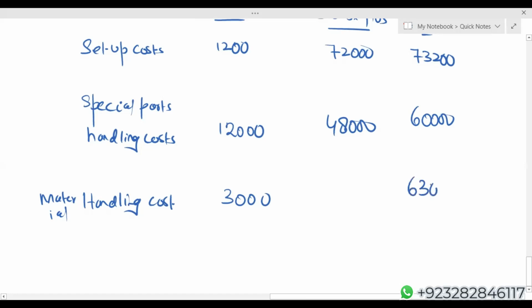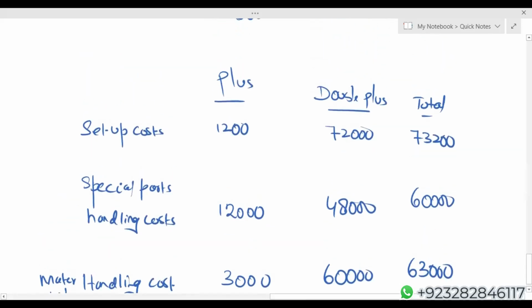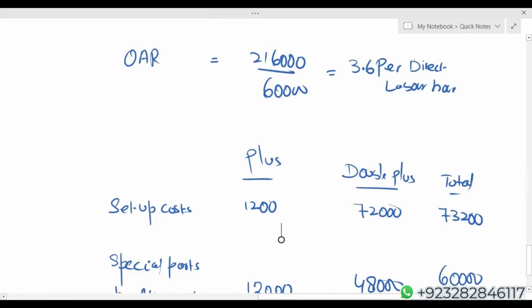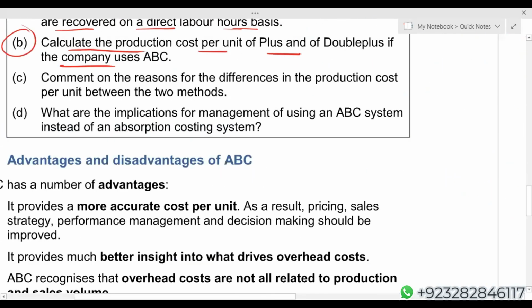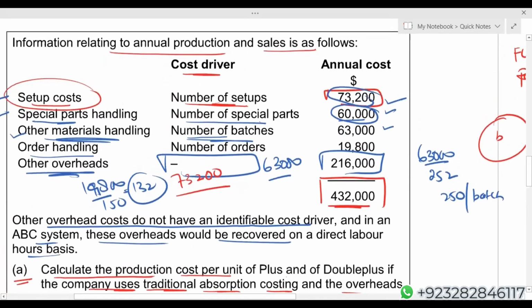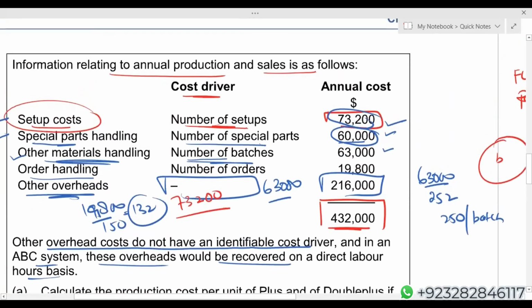So obviously 63 minus 3, I'll get 60,000. Out of 63, if material handling cost of 3,000 belongs to plus, then the remaining, of course, belongs to double plus. We have done this other material handling.